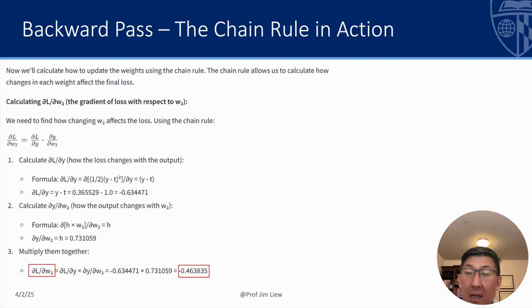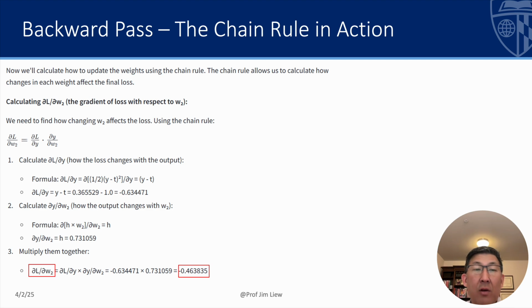So we know the gradient associated to W2, the parameter. So small movements in W2, how does that affect the loss function? If you increase that weight, it will reduce the loss function by minus 0.46, okay? That's very important because now we know how to adjust W2 in order to reduce the loss.